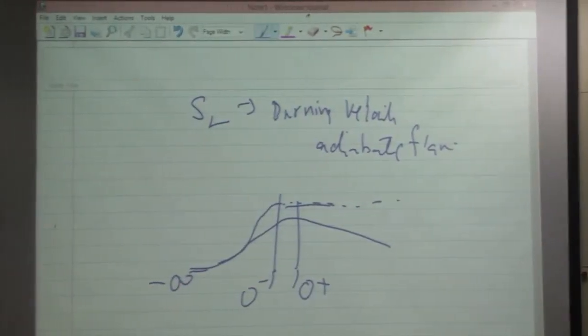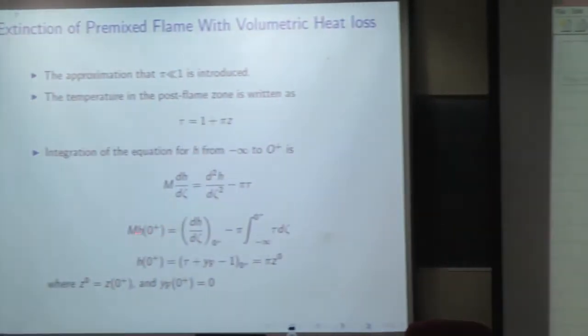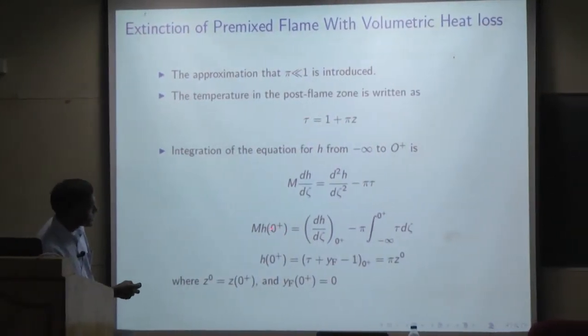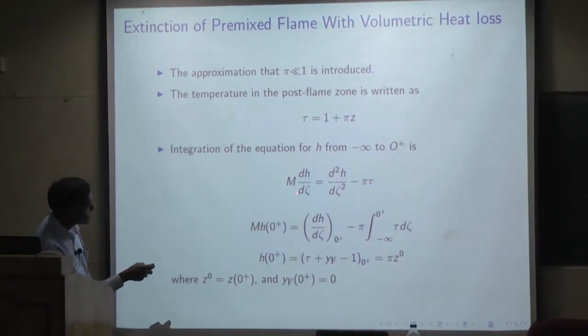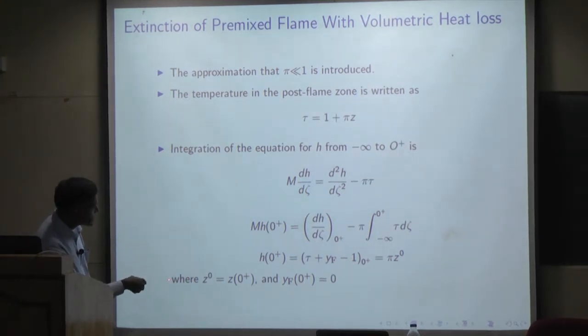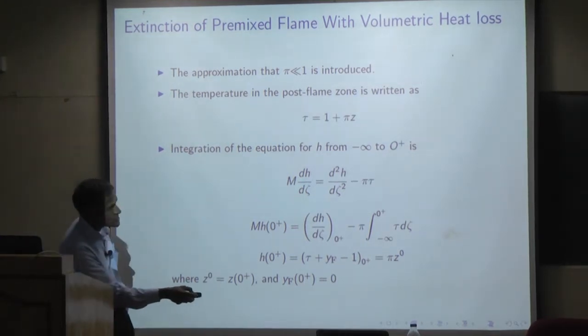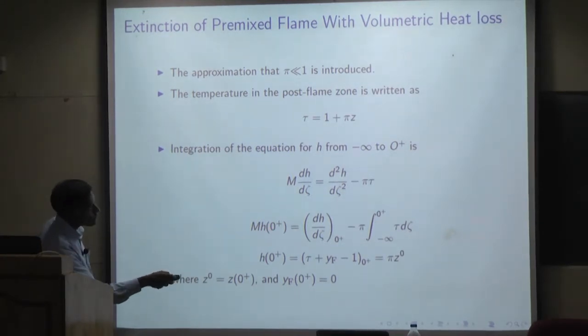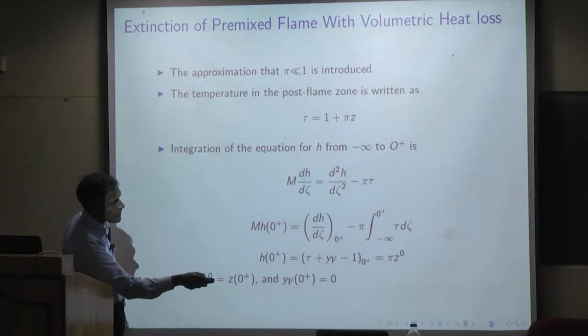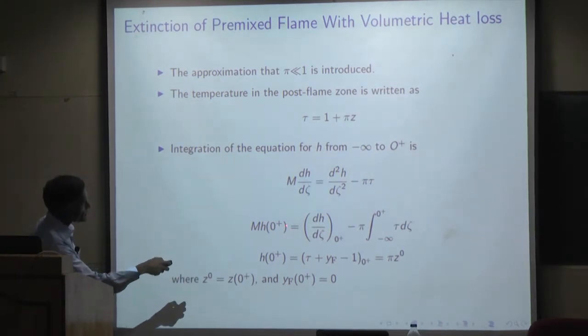So now I want to take that equation and integrate it. If you integrate this, m is a constant, so it's simply m h, but you can see that h at minus infinity is 0, whereas h at 0 plus is the value of h downstream at that point. So that's the integral of the first term.